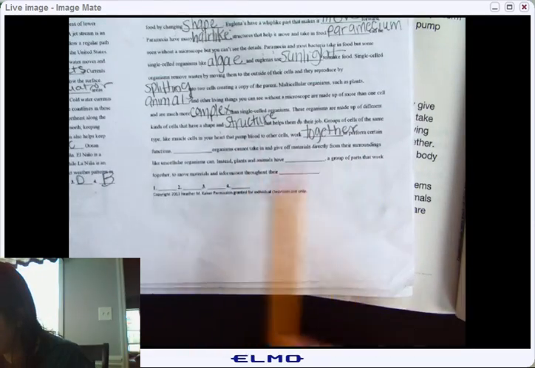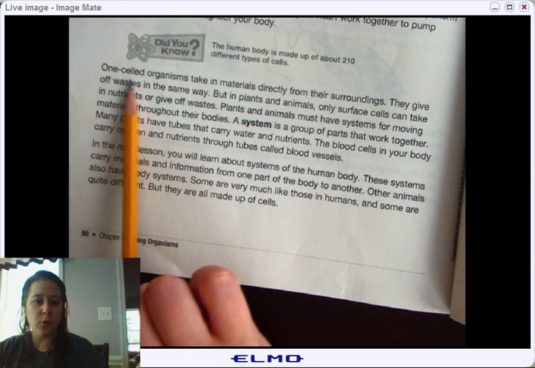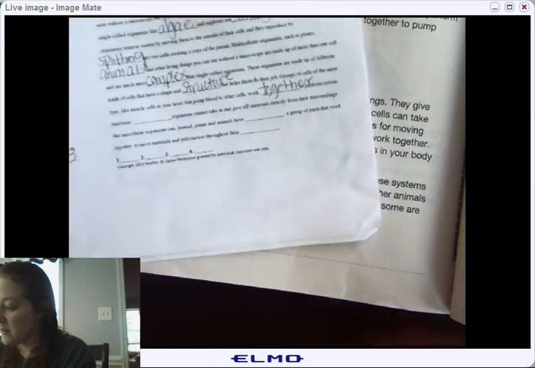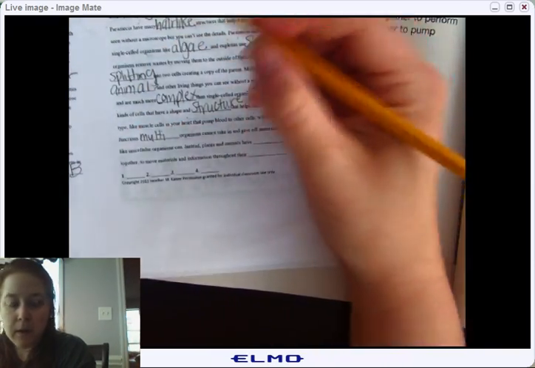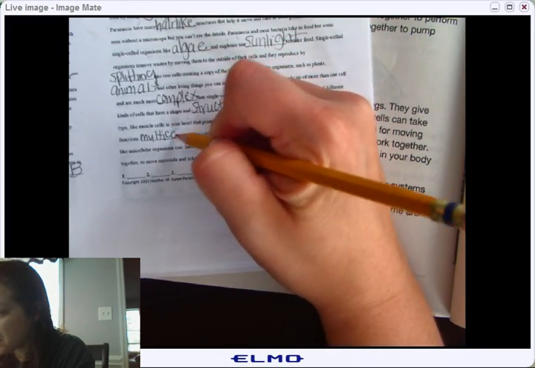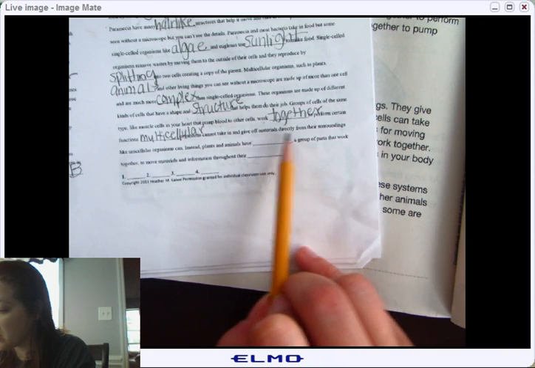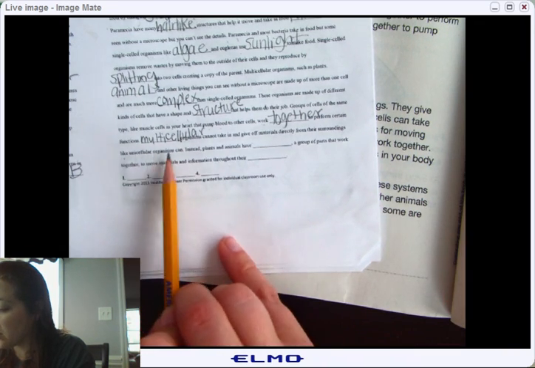This says right here, blank organisms cannot take in. So if one-celled organisms take it in, what doesn't take it in? Multicellular organisms cannot take in and give off materials directly from their surroundings, like unicellular organisms.